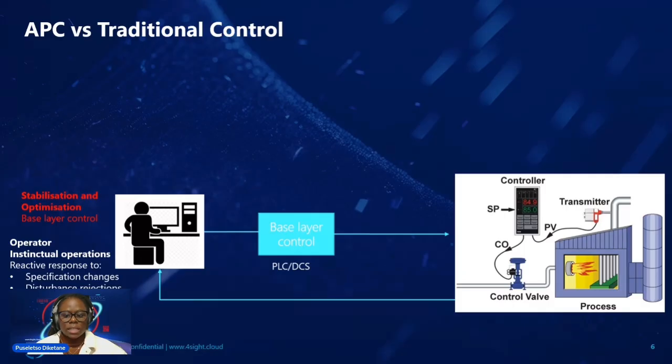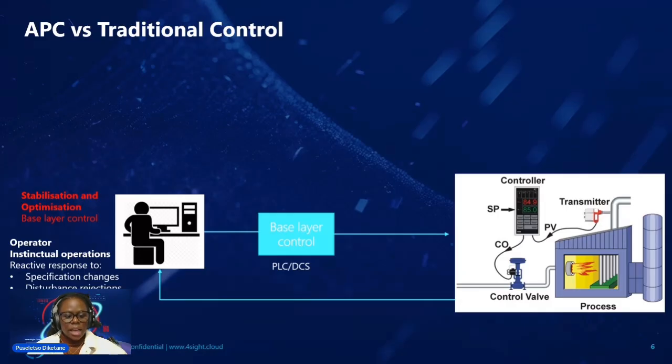The operator is also responsible for mitigating any process upsets from any disturbances that enter the circuit or when a safety interlock system has been triggered. Now, this is more of a reactive approach to control, where the process first needs to be destabilized and then needs to be restabilized through the operator's intervention.